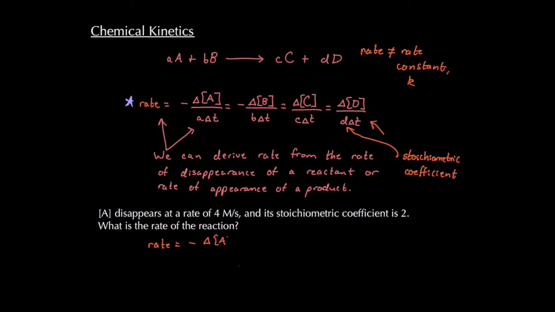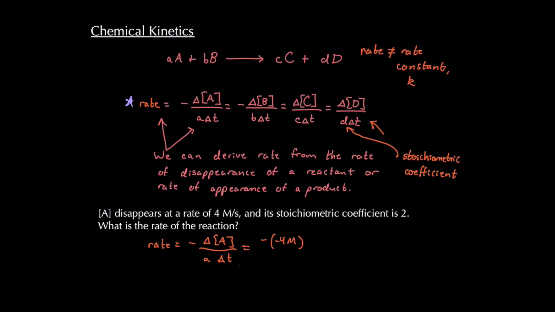We know that A is a reactant, and we also have all the variables we need to solve this equation. So if we plug in our values, we have negative delta A, so our delta A is going to be 4 molarity in this case, and this is also going to be negative because A is disappearing as a reactant.